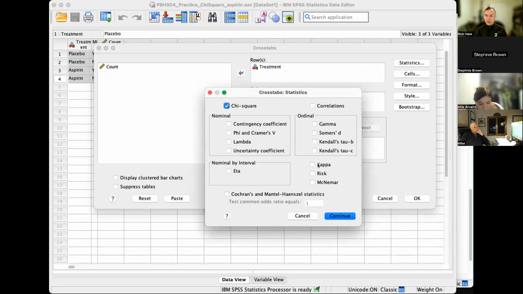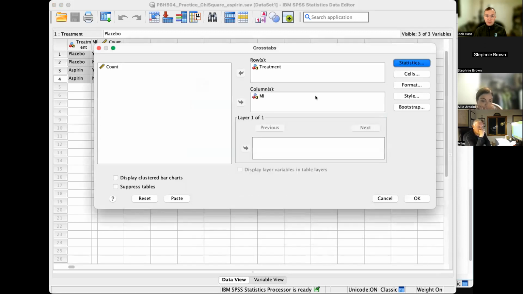Down here, we see a couple of options. One of them is risk. Click on that, because this is going to give us risk ratios. Now, if those are inappropriate, we're going to look at the odds ratio. This gives us both, so it's kind of annoying. Again, SPSS is labeling things awkwardly. To get odds ratios, we have to click the risk box.